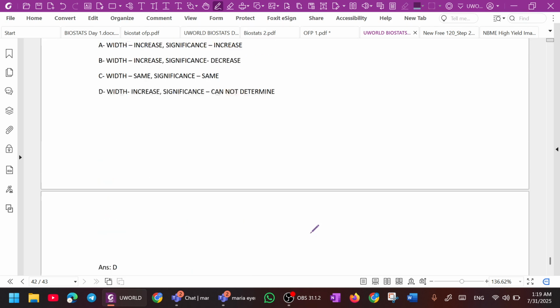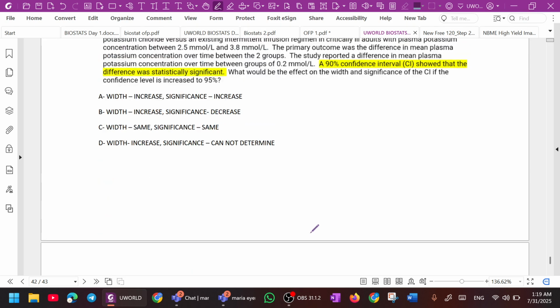Okay. So which is the part that you don't understand? You got the width. If you increase the confidence interval, you also increase the confidence level. I think we found a question before. So that's why the width is increasing. Now the significance, I don't understand what the significance means. They didn't really explain it here.